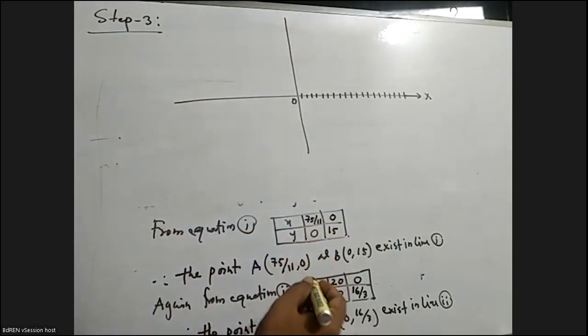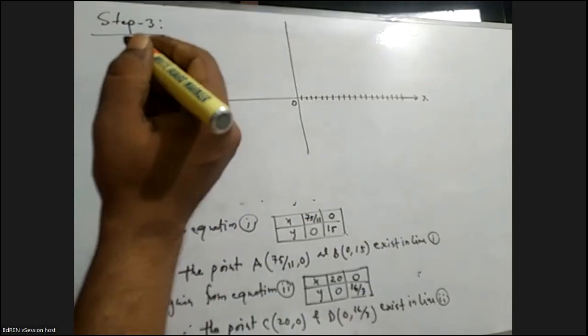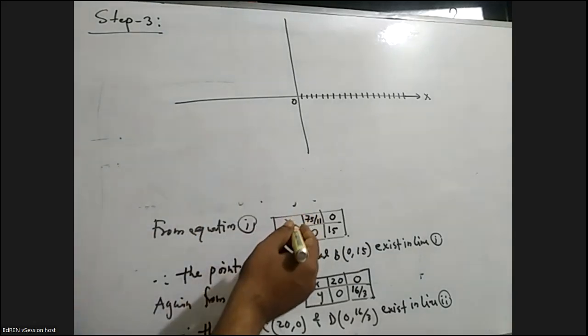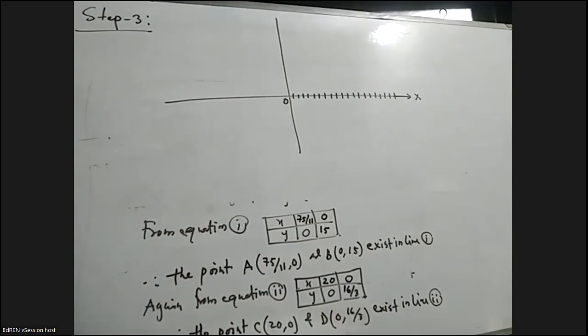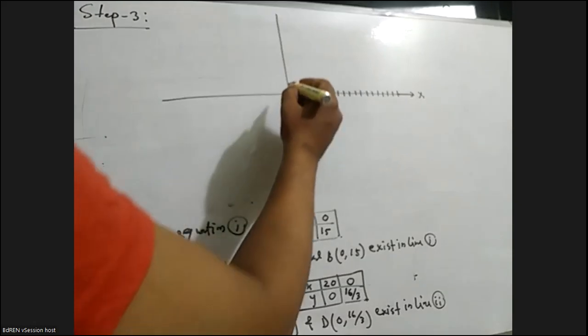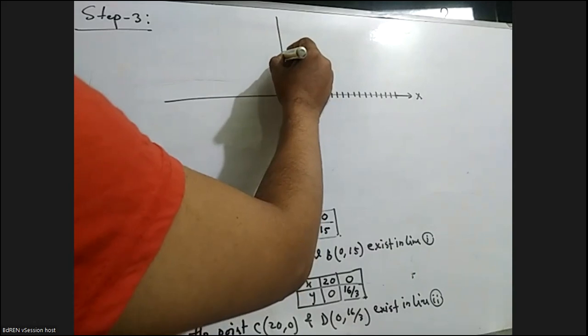So now the highest value of y: actually 75 by 11 or 16 by 3, what? 75 by 11 means about very near to 7. Okay, so 1, 2, 3, 4, 5, 6, 7, 8, 9, 10.